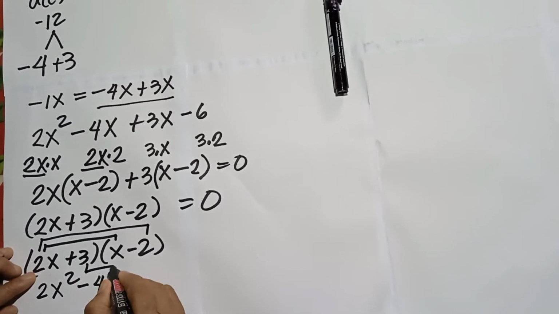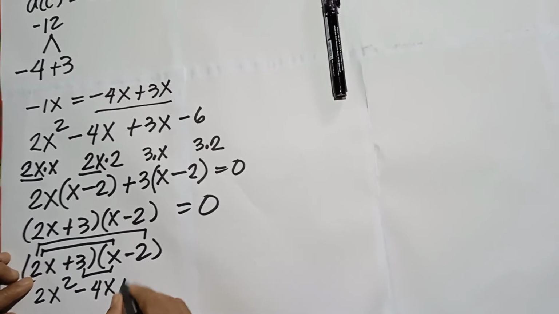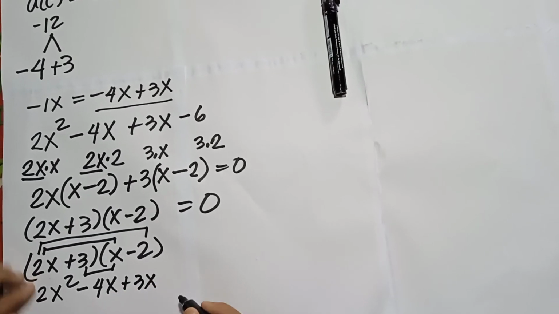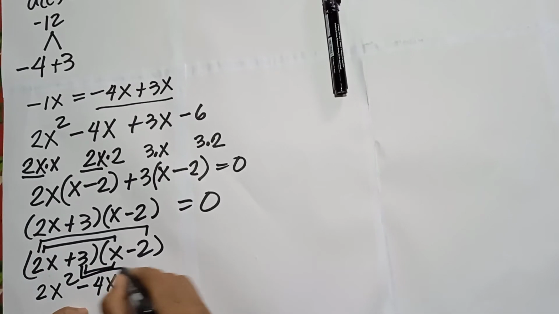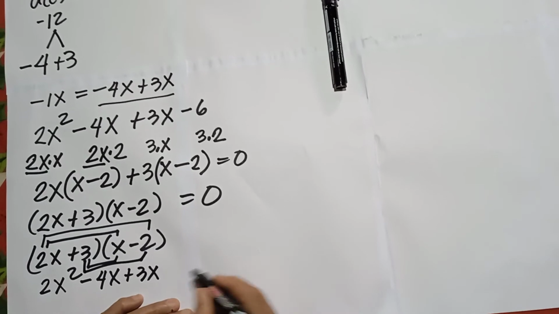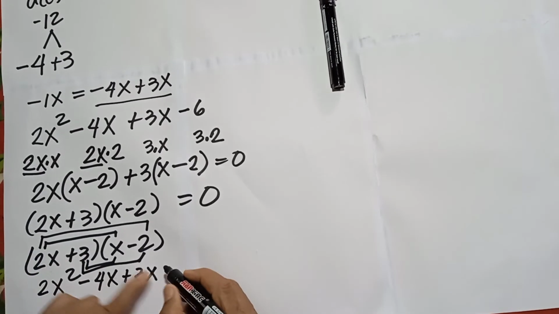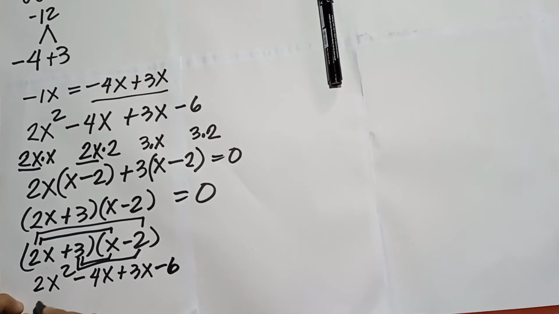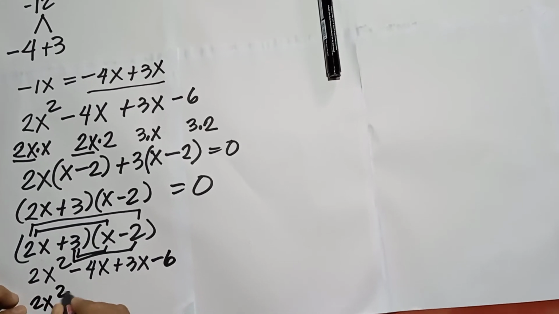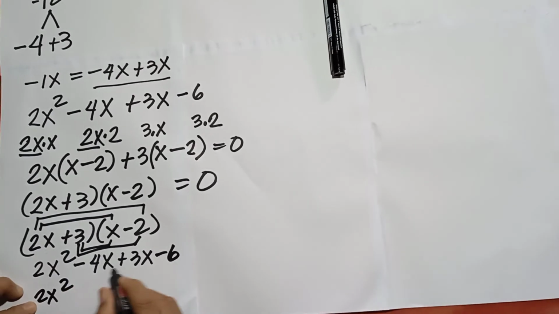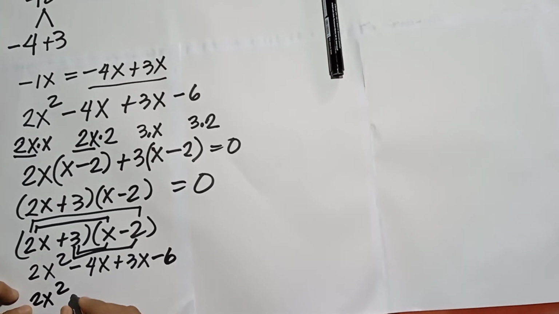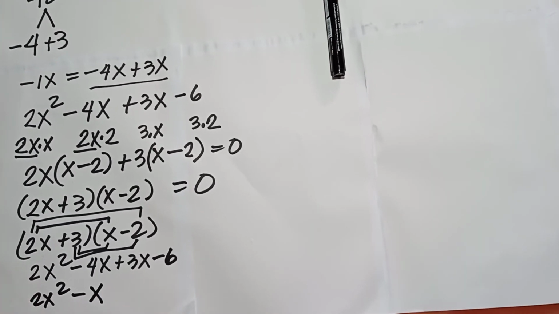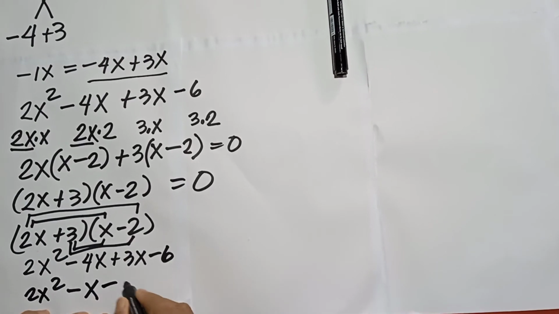Then inside, 3 times x equals positive 3x. And the last is positive 3 times negative 2, which is negative 6. So we have 2x squared, negative 4x plus 3x equals negative x, then minus 6.